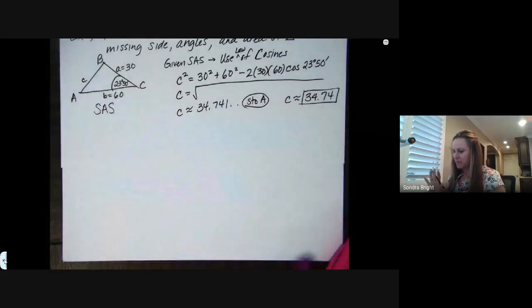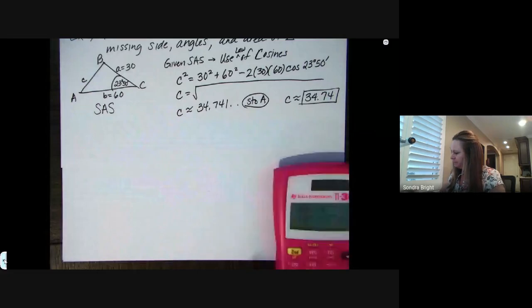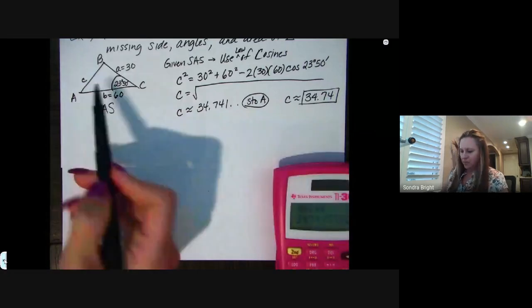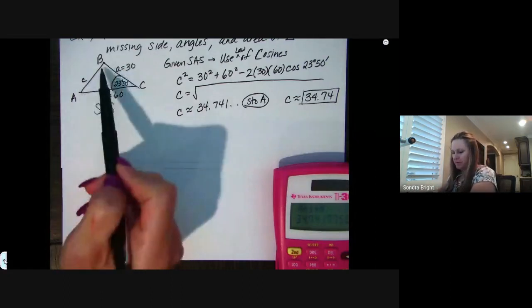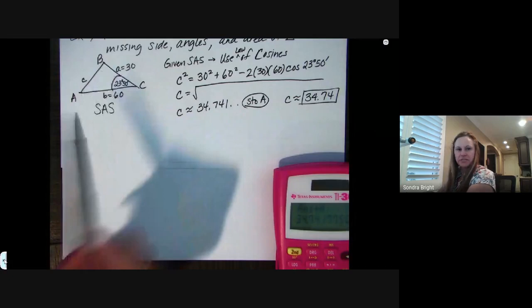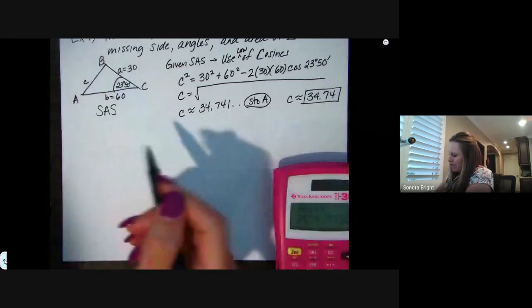All right, so now that I've got little c, and I know this guy, then I can find either angle B or angle A. Doesn't matter which one. I'm going to find angle A first, and you're going to use law of sines for that.